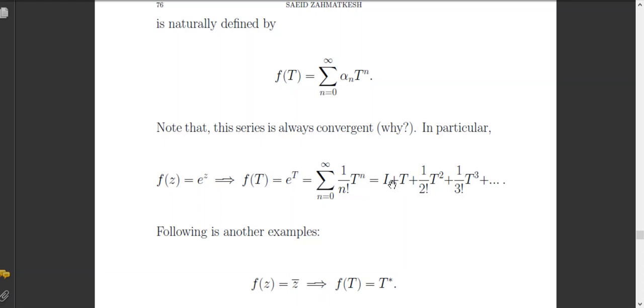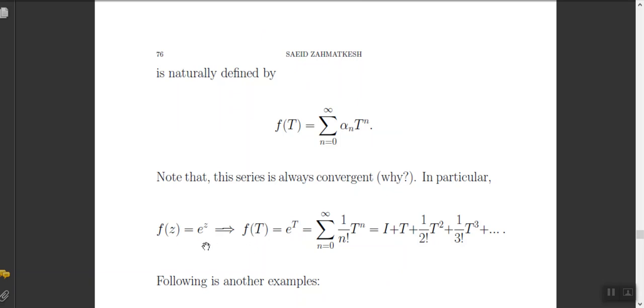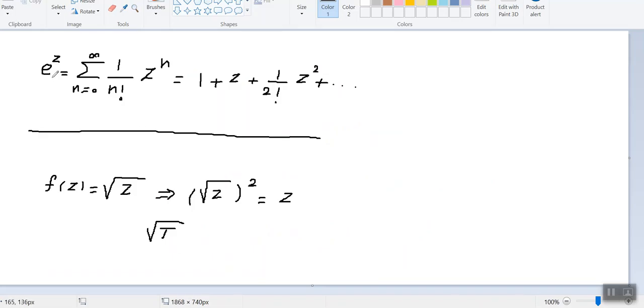And if you wonder why, let me remind you about the Maclaurin series of the exponential function, which is very well known. The Maclaurin series of exponential z is the sum of 1 over n factorial z to the n.